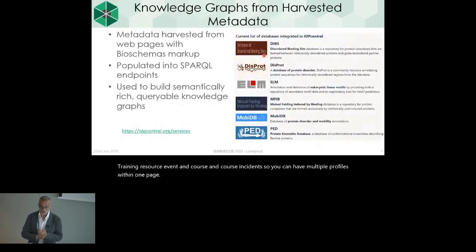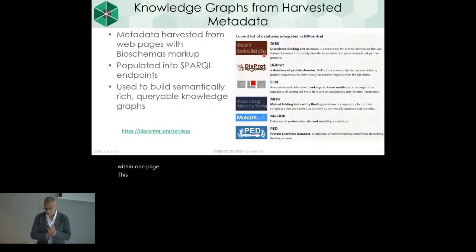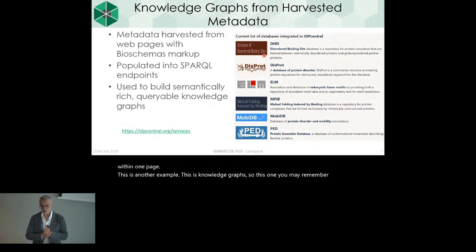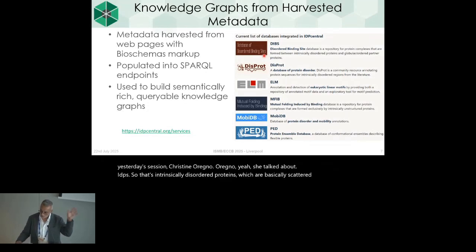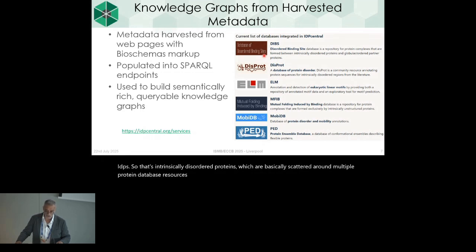This is another example. This is knowledge graphs. So this one, you may remember from yesterday's session, Christine Orengo talked about IDPs, so that's intrinsically disordered proteins, which are basically scattered around multiple protein database resources. And for those, it's very hard to have a structural prediction.